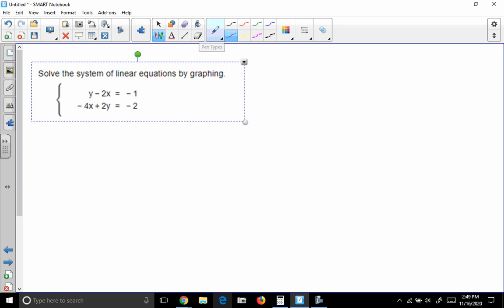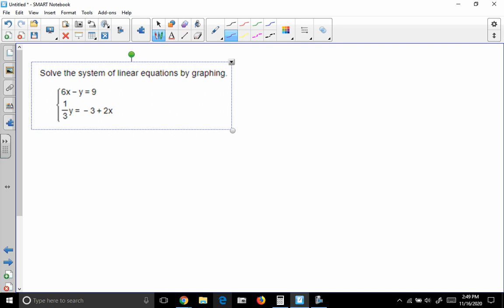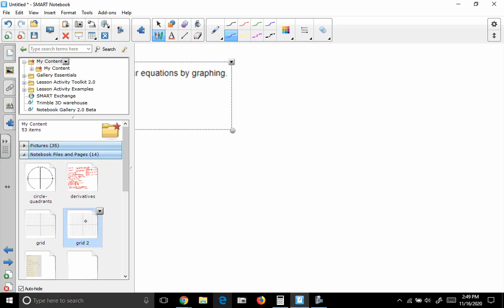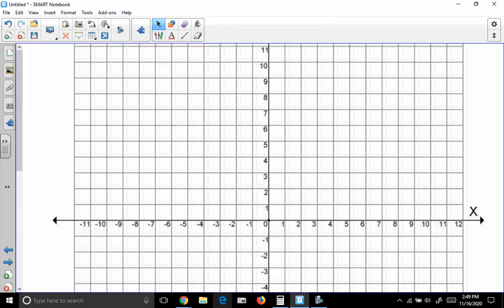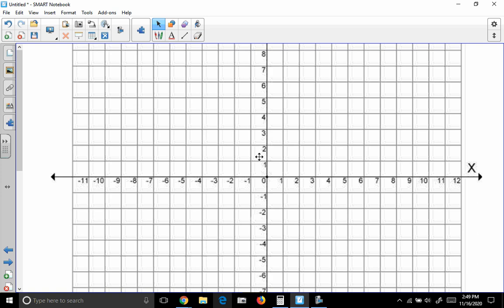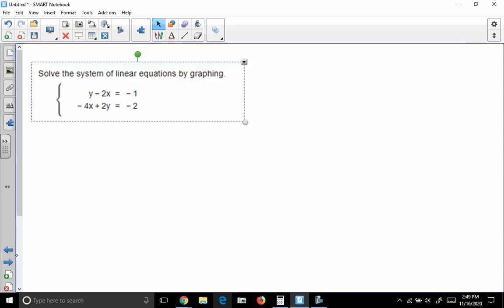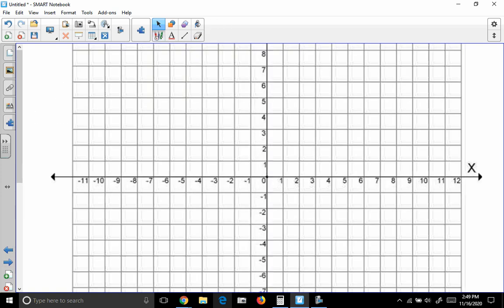So let's do this one. Minus 2x equals negative 1. This would be easy to solve for y so that we can use the slope.